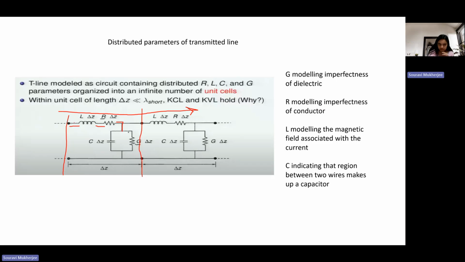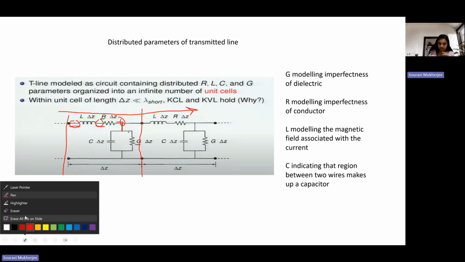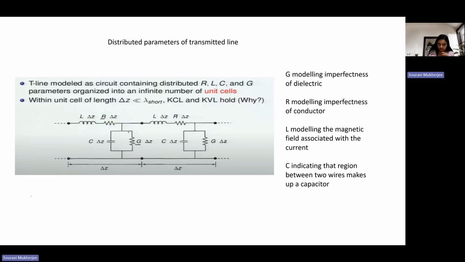So in these parts we are not considering the effect of the wires, right? What we are basically doing is considering that for this delta Z section, it's a lumped circuit. So what all matters are the parameters that we have defined for that unit cell, right?